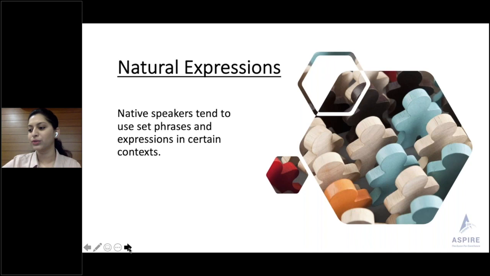Let me give you a few examples of those. In the medical context, there are certain ways to express ideas that are idiomatic and natural. These natural expressions make the interaction between the two speakers less mechanical and much more friendly.